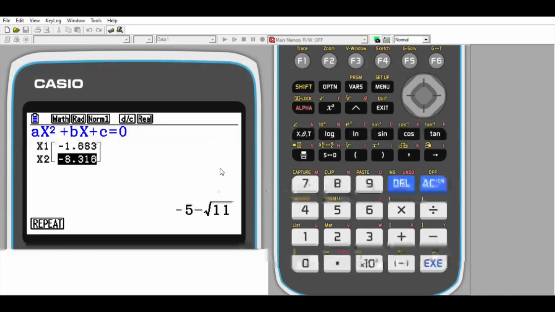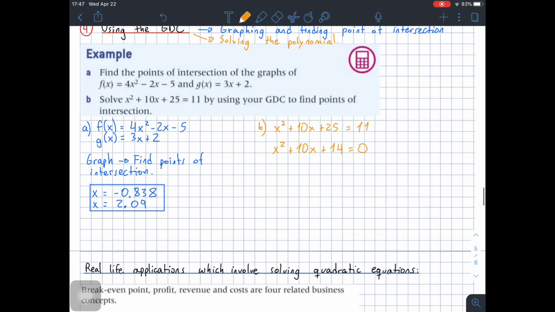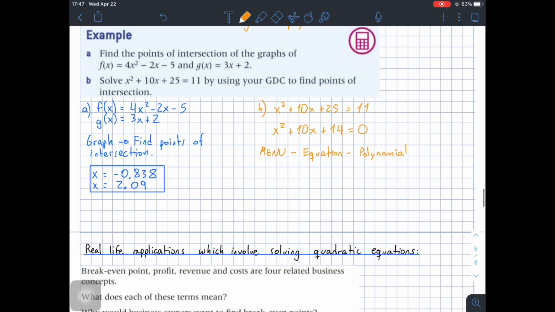Okay, so if we go back to the electronic assignment, let me write those steps. We go to menu, equation, polynomial, and you already know what to do then.